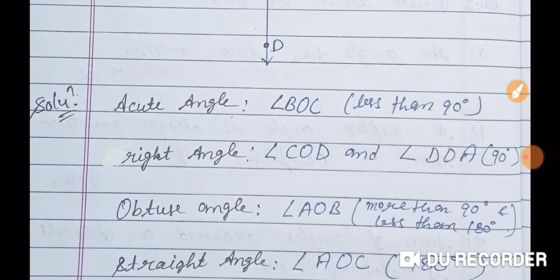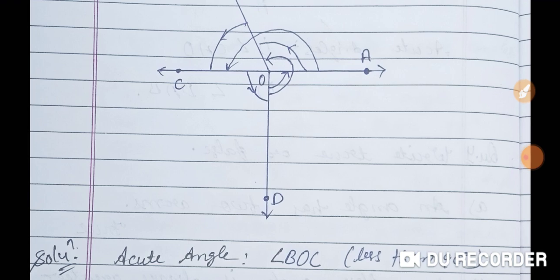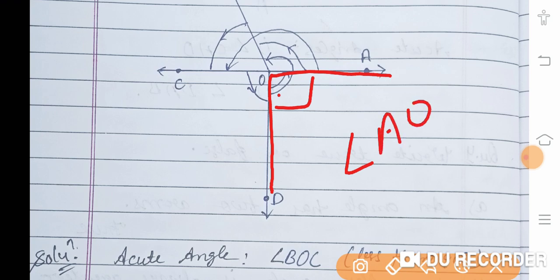Now for the right angle, you can tell that a right angle is a 90 degree angle. So please see from this picture which angle is 90 degree. This is 90 degree, means angle AOD, or if you want, you can say DOA also. DOA, both are the same.